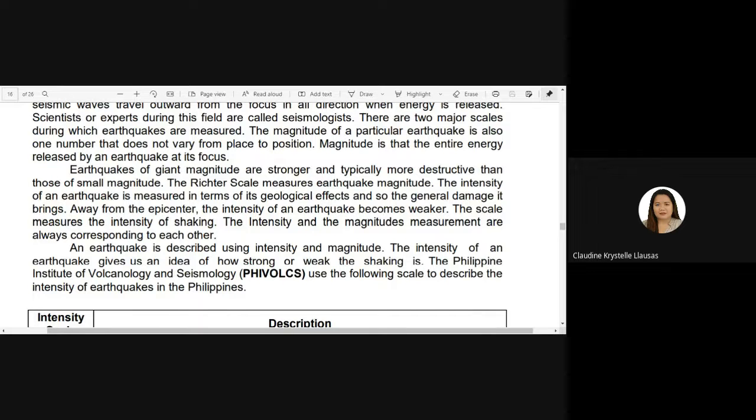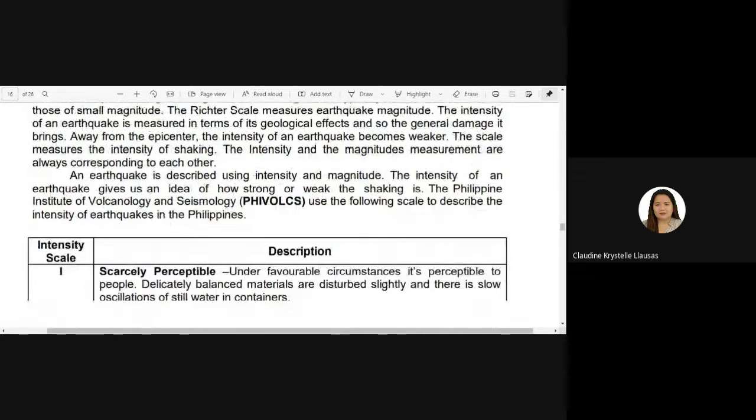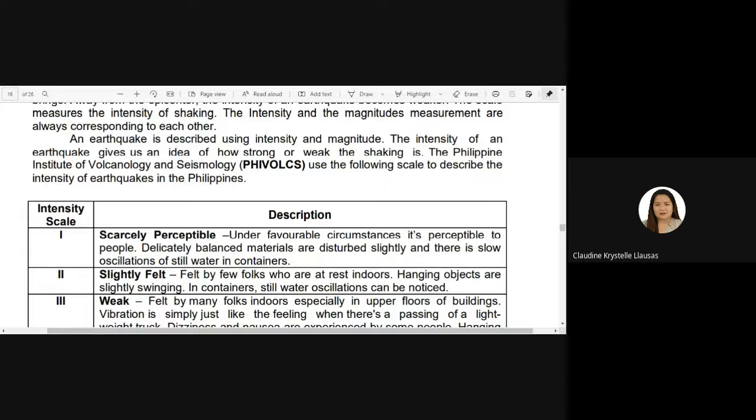So the intensity and the magnitude measurement are always corresponding to each other. So an earthquake is described using intensity and magnitude. When we say magnitude, it refers to the energy released by the focus or sa epicenter. Moingon ta og intensity, ang gakabatian sa mga tao nga doon.